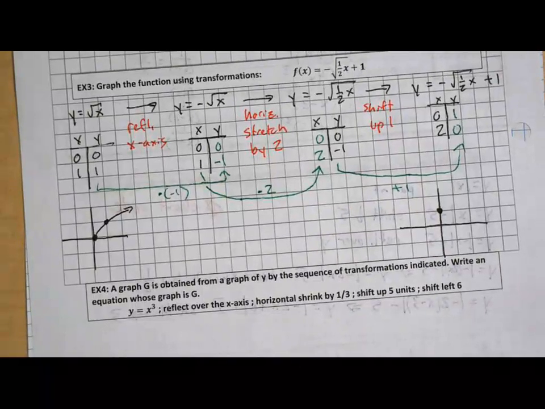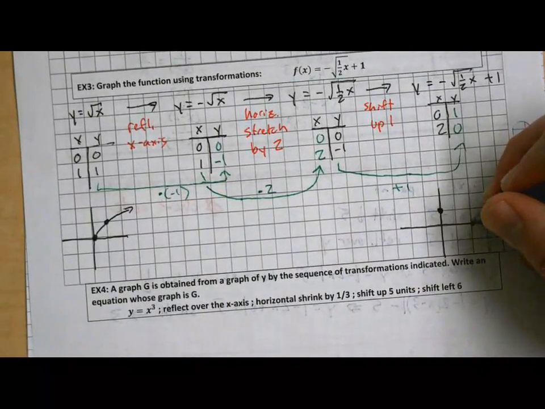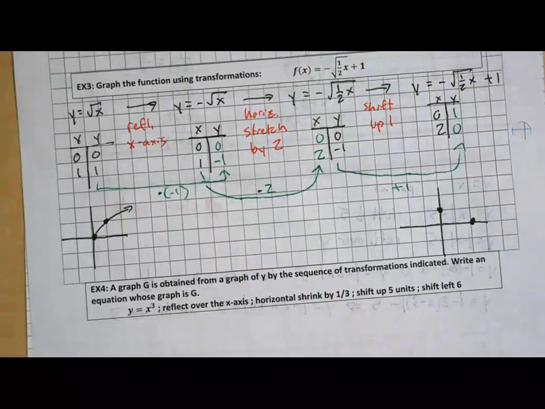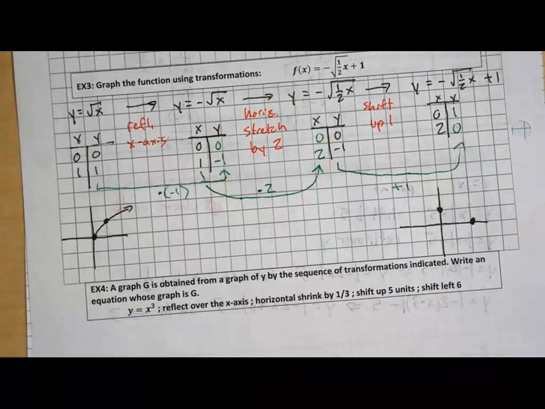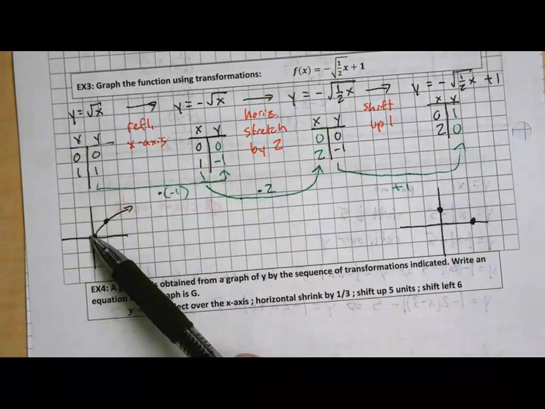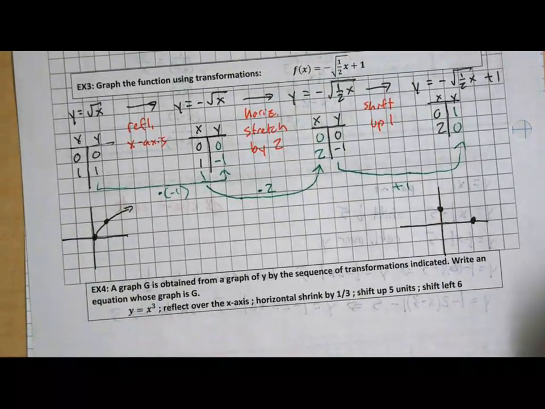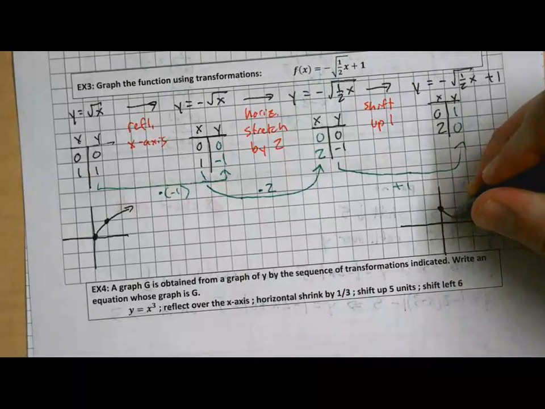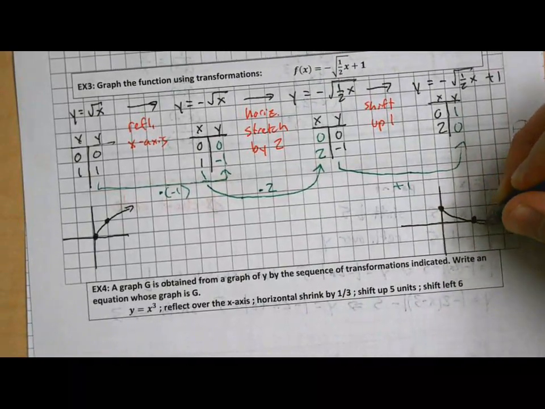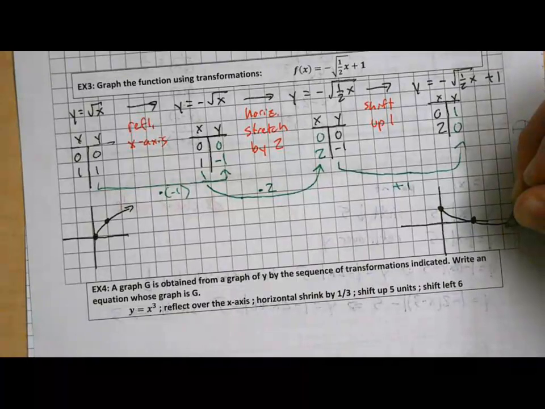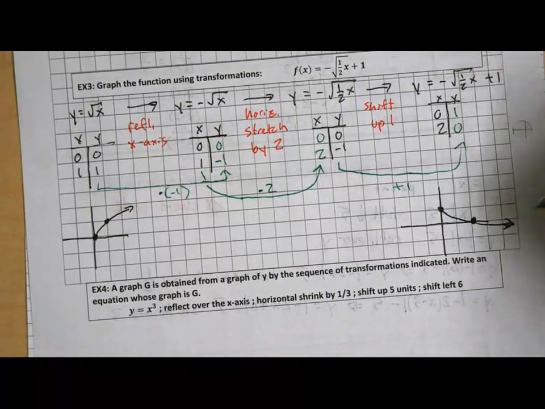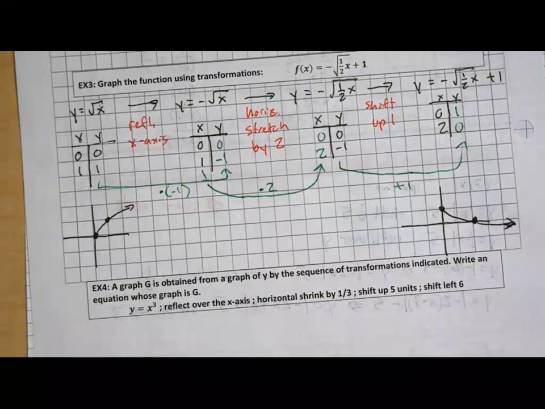And then it needs to go through 2, 0, just here. Remember, these square root graphs start at the first point, go through the second point, and then sort of flatten out after that. So when I draw my curve, I'm going to have it go through here and then sort of flatten out. It never truly flattens out, but it curves more towards the horizontal.